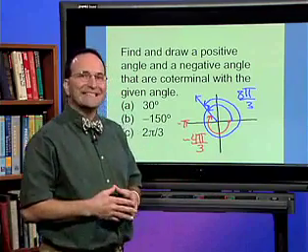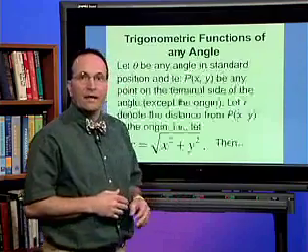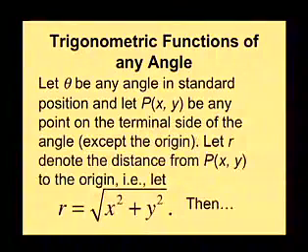Next, we're going to define the 6 trigonometric functions of any angle. Let theta be an angle in standard position, and let P of x comma y be any point on the terminal side of the angle, except the origin.